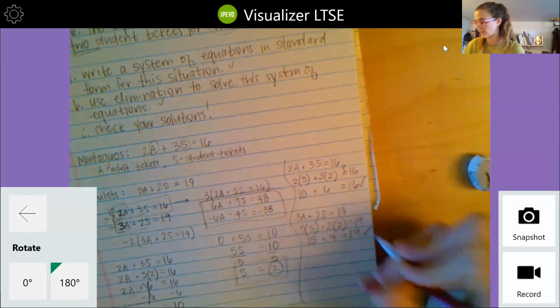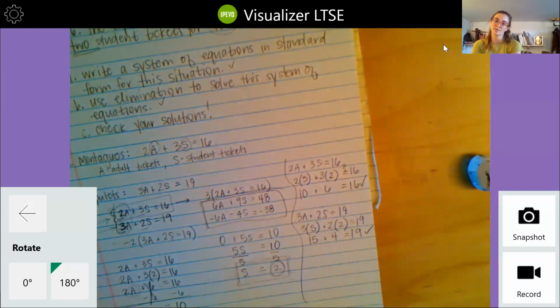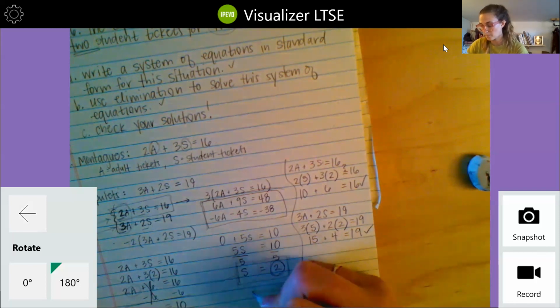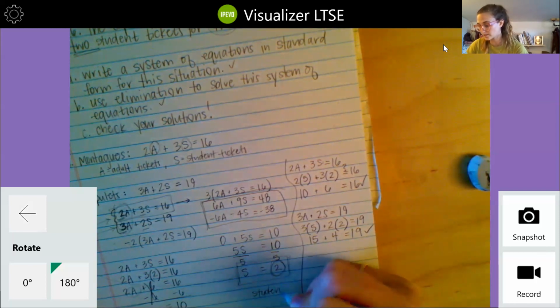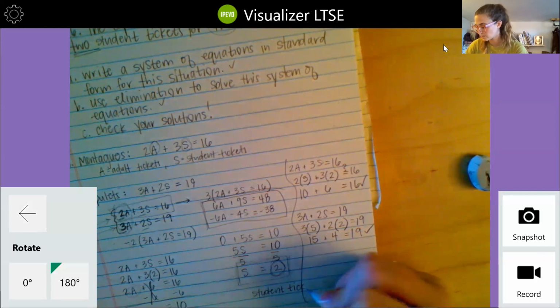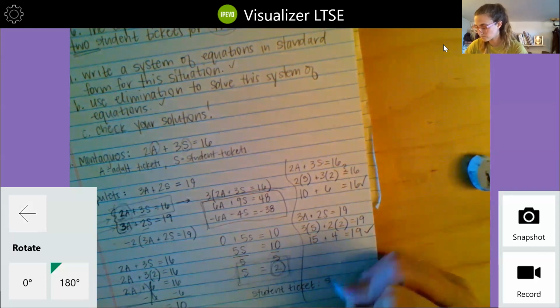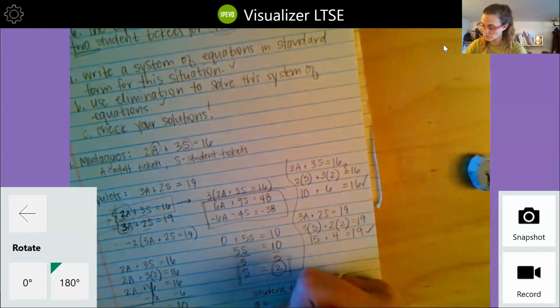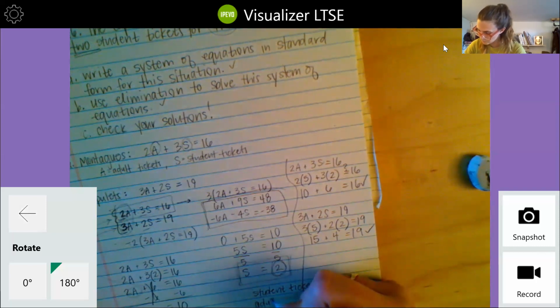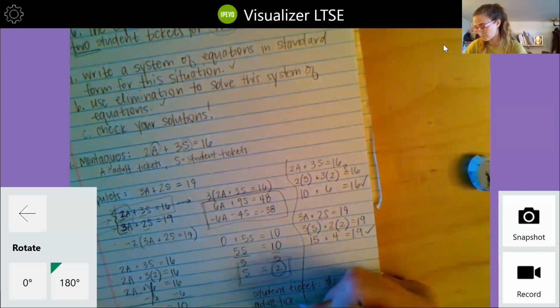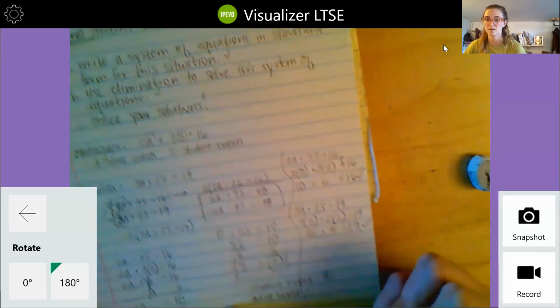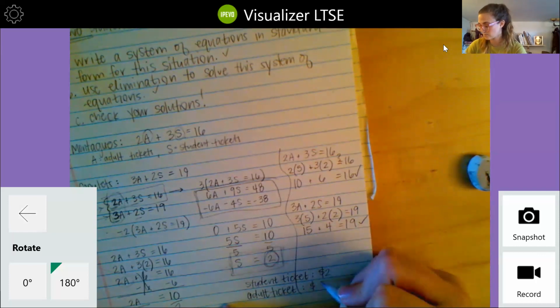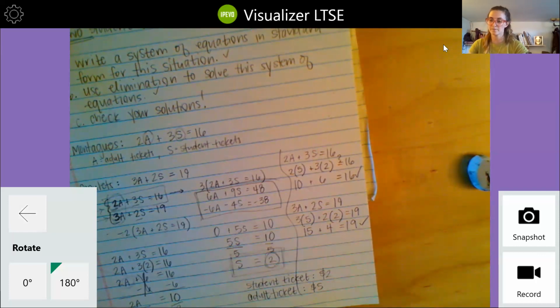Yes, that does equal 19. So we're correct. So the cost of a student ticket is $2. And the cost of an adult ticket is $5. Right?